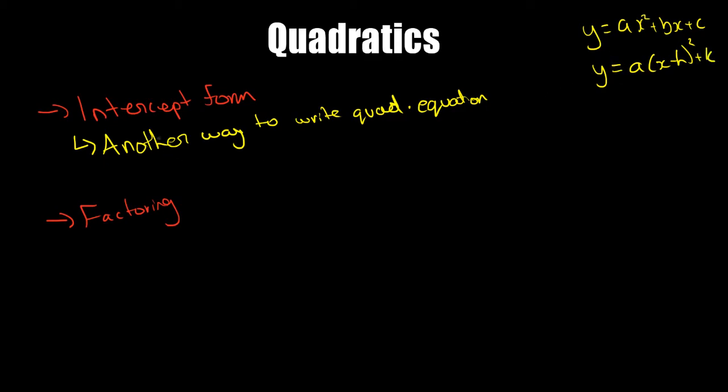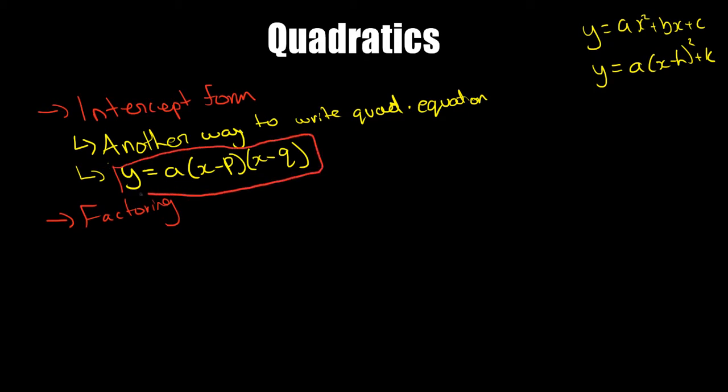And now this is intercept form, which is represented as y is equal to a(x minus p)(x minus q). So this is our equation for intercept form.